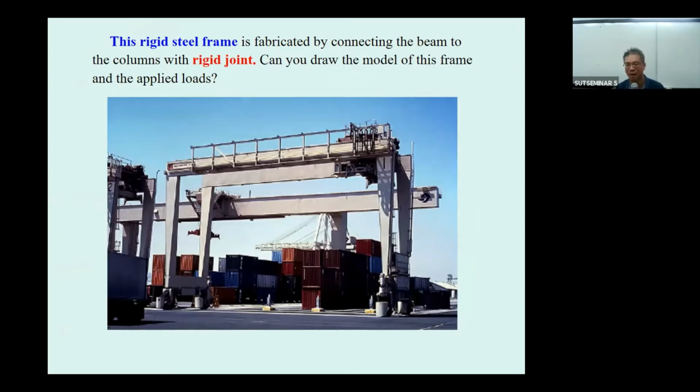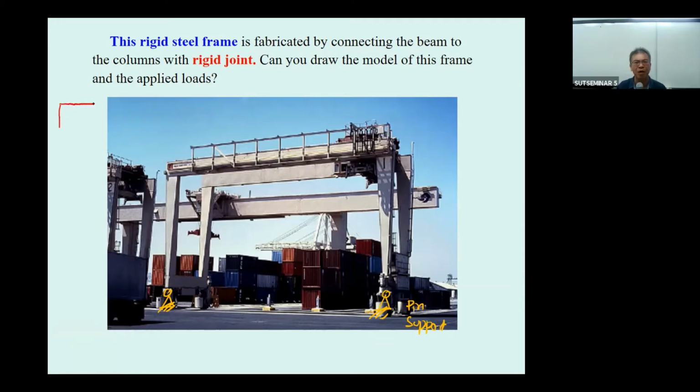And this frame usually can move, and you may consider this support to be the pin support, and then the model of this frame will be different from the previous one.